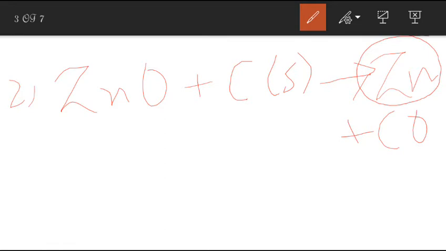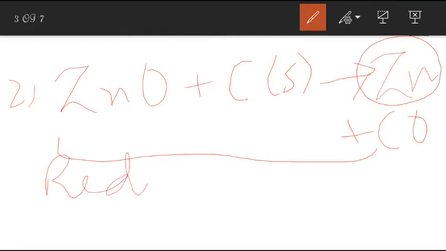You will see that this reaction is a type of reduction. Reduction means removal of oxygen from a compound, and here oxygen is removed from zinc oxide by a reducing agent. And what is a reducing agent? The substance which removes oxygen from a metal oxide, or which is responsible for the reduction of a compound.